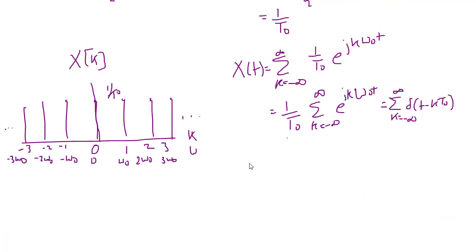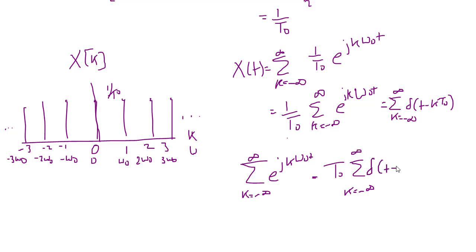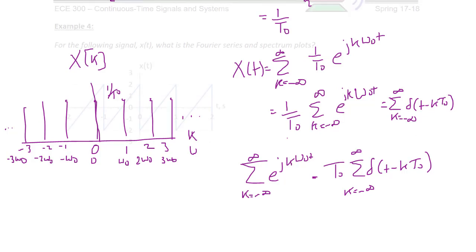So solving this for the summation, we have that the summation from k equals -infinity to infinity, e to the jk omega naught t is equal to t naught times the summation from k equals -infinity to infinity of delta of t minus k t naught. And this concludes example 3.